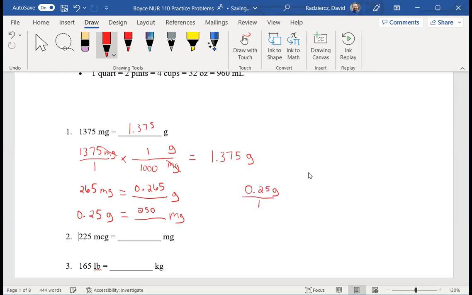The difference is I'm going to put my milligrams and my grams in the opposite spots. In this scenario, what are we converting to? Milligrams. What are we trying to get rid of? Grams. Do we know how to go from milligrams to grams? Yeah, 1 gram, 1,000 milligrams. Starting with the units first tells us which way to arrange everything, and then we know we're multiplying by 1,000 versus dividing by 1,000.